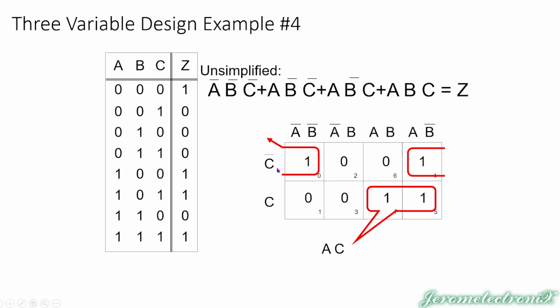Can't cancel out the C. There's nothing implicated to compare with the other C. So we're going to keep the not C and the not B, and add them together, make them equal to something. There's our equation. The simplification is much smaller, and hopefully you realize it's much quicker than Boolean algebra. Now, there are times when Boolean algebra is actually the quickest method. That's why we learned it first.